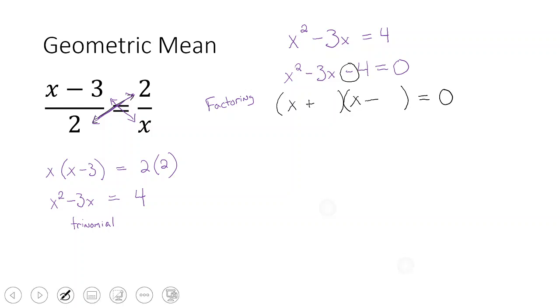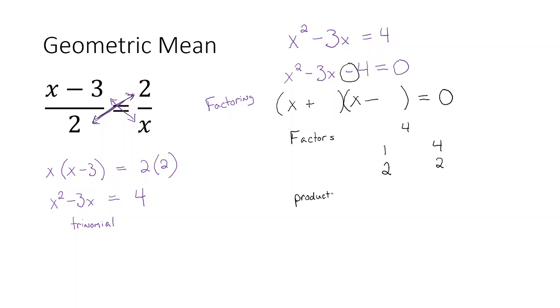Now I'm looking for two numbers that are factors of 4. If I think about factors of 4, you could have 1 times 4 or 2 times 2. So their product should be negative 4, and their sum should be negative 3.